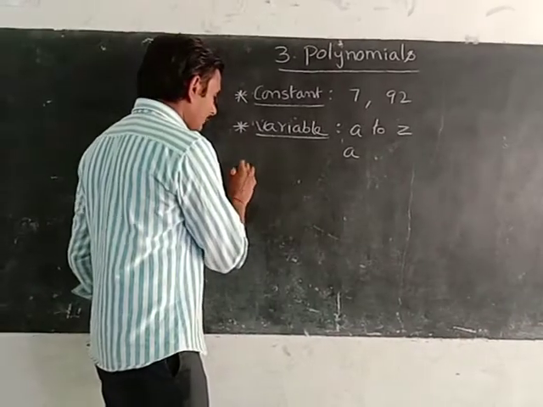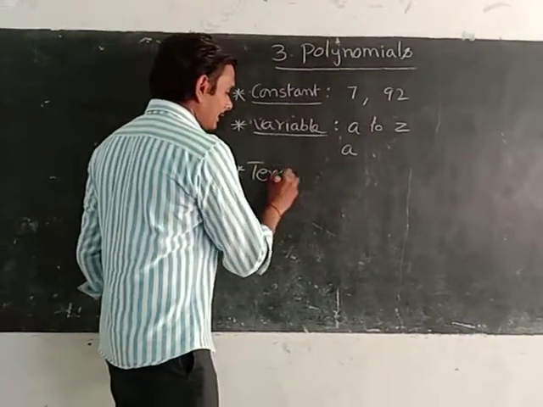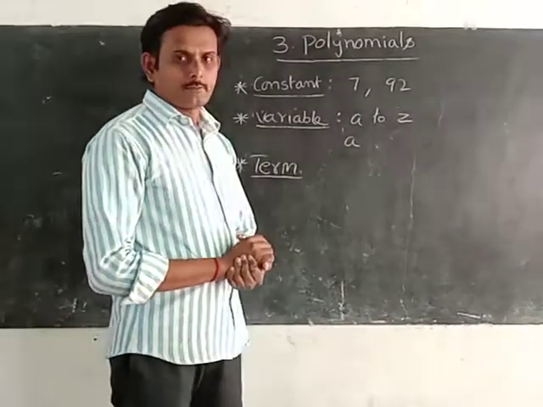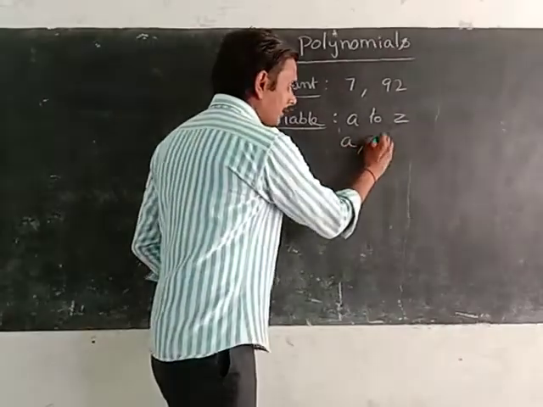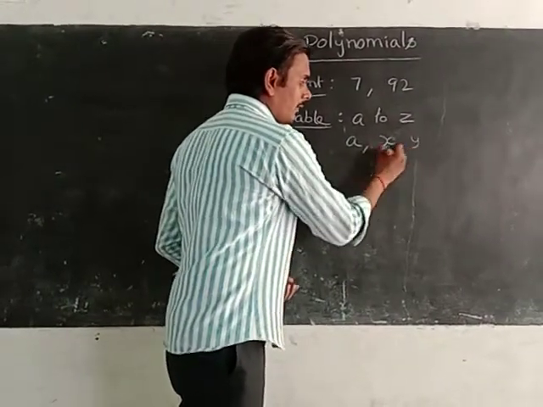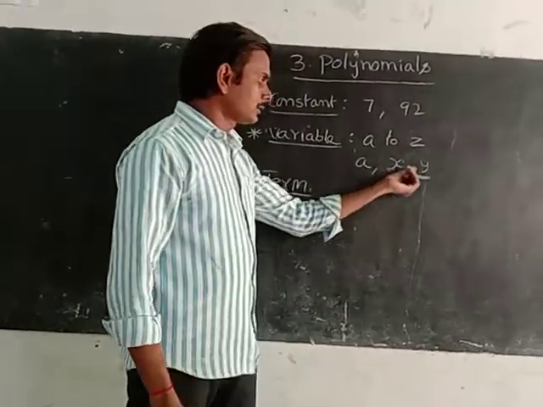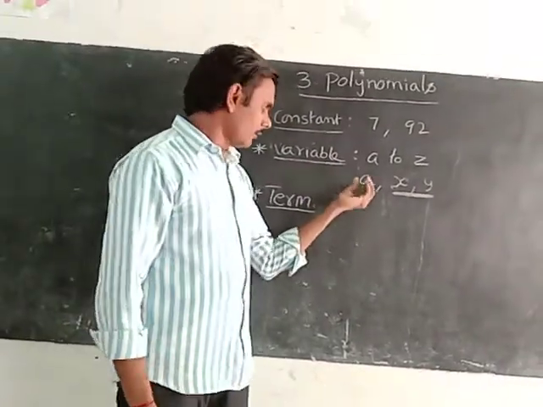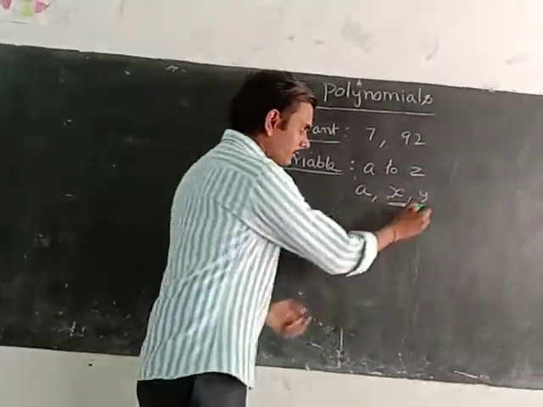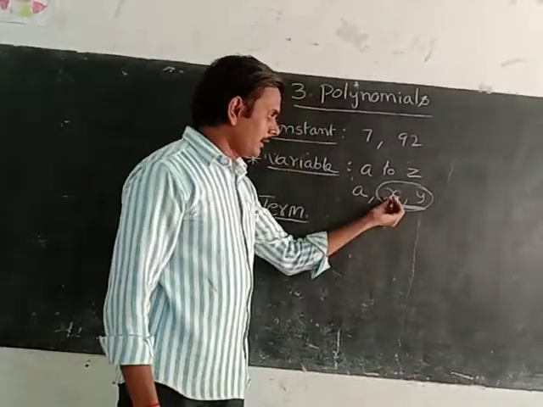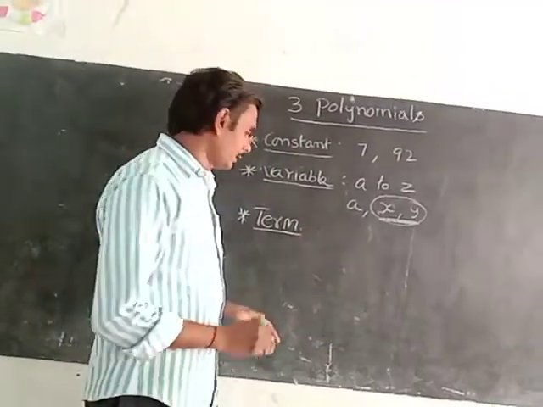Next one is the term. What is the term? Basically we can take x, y. We can use x, y as the variables in this chapter. We can use other letters also, but we use x and y very frequently in this chapter, polynomials.